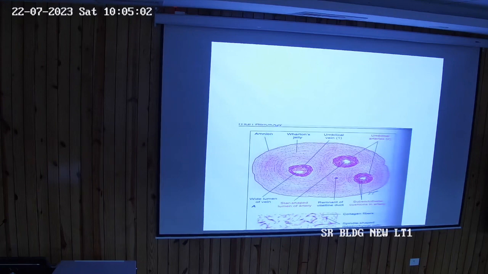Another thing, on the surrounding part of these two, there is a liquid fluid which is mixed with dense connective tissue mass, and this is called Wharton's jelly. So that is all about the female reproductive system.